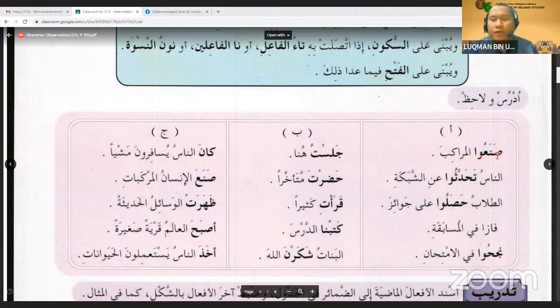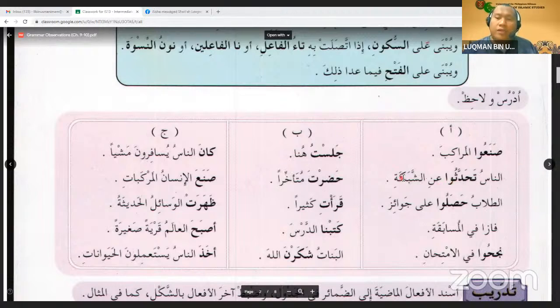They have crafted, they have manufactured transportation tools like cars and so on. Next, An-nasu tahaddathu anishabaka.